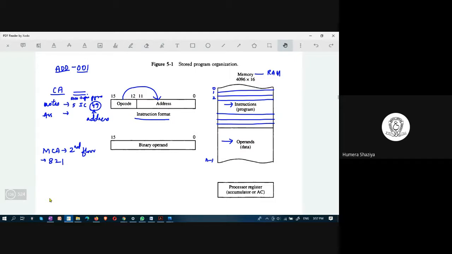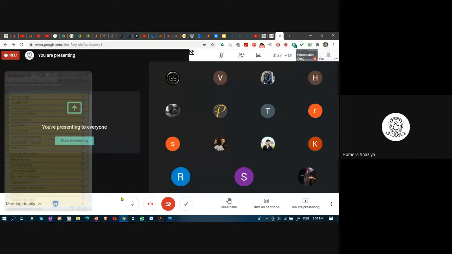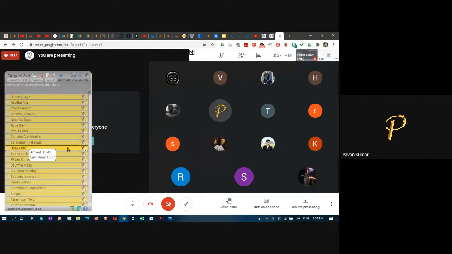Do you understand this concept, students? Yes, ma'am. All right. So here the address has 12 bits. 0 to 11 means the address totally has 12 bits. Now, can anyone tell me how many locations you get if there are 12 bits? Ma'am, repeat the question once again.